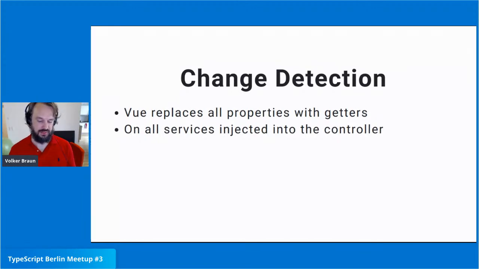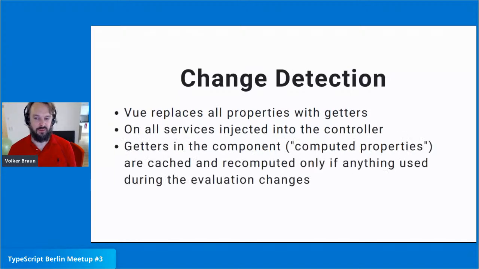So it's kind of natural that you assign all your things to properties inside your controller, and dependency injection works great for that. That's half of how the change detection works.